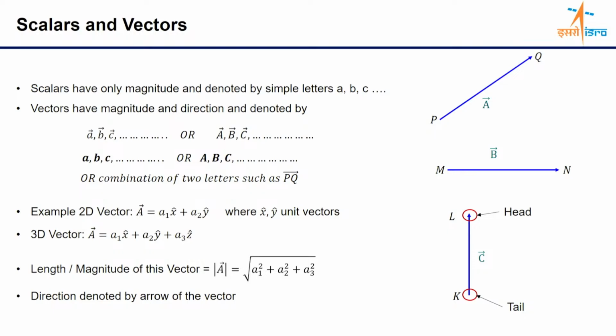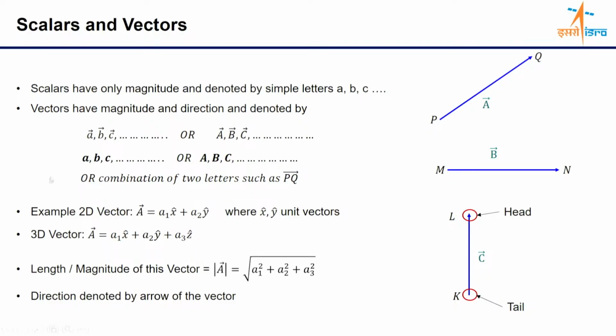Scalars are the physical quantities which have only magnitude, and generally they are denoted by simple letters like a, b, c or x, y, z. There are other types of quantities called vector quantities. Vector quantities have both magnitude as well as direction.